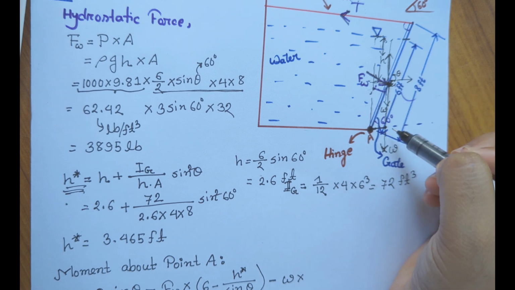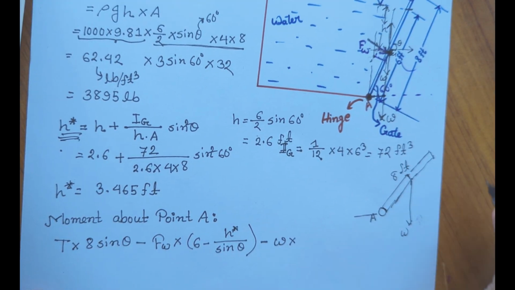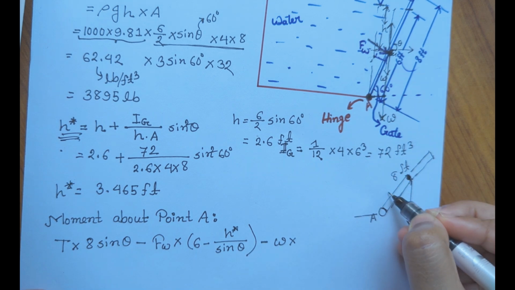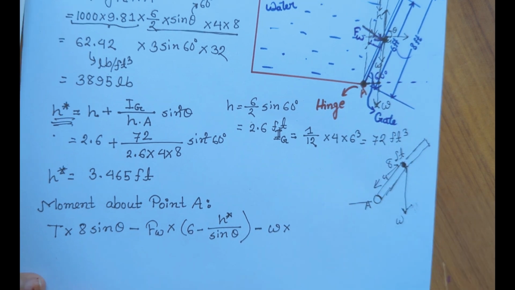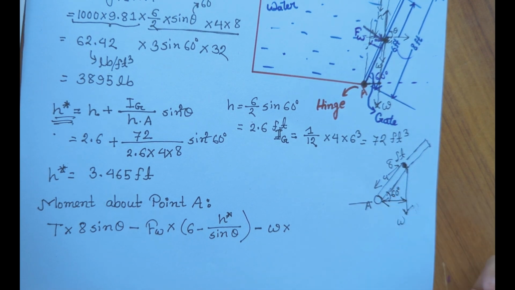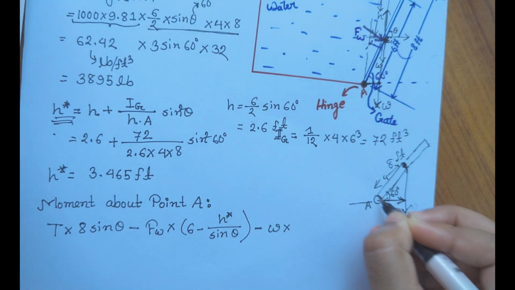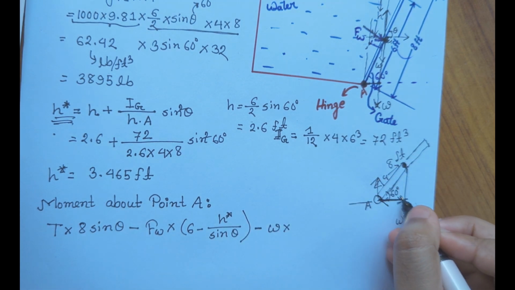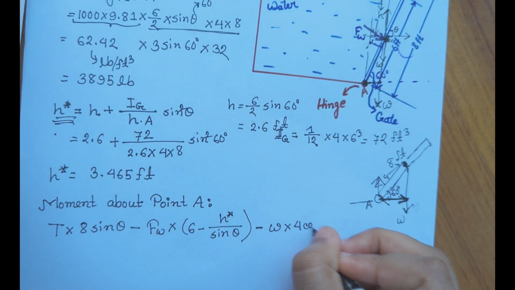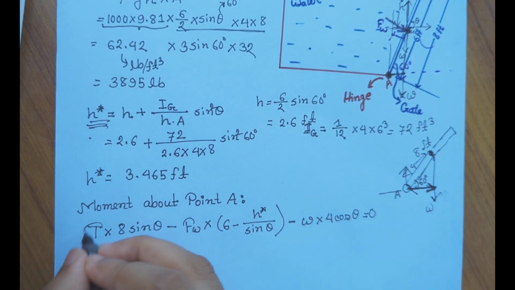Suppose this is our total 8 feet gate and the weight works at the middle, at 4 feet. We have to take this distance, and we know the angle theta is 60 degrees. If we divide this into this and this portion, this will be cos theta. So we take the distance as 4 cos theta. The sum equals 0, and we know all the values except T.